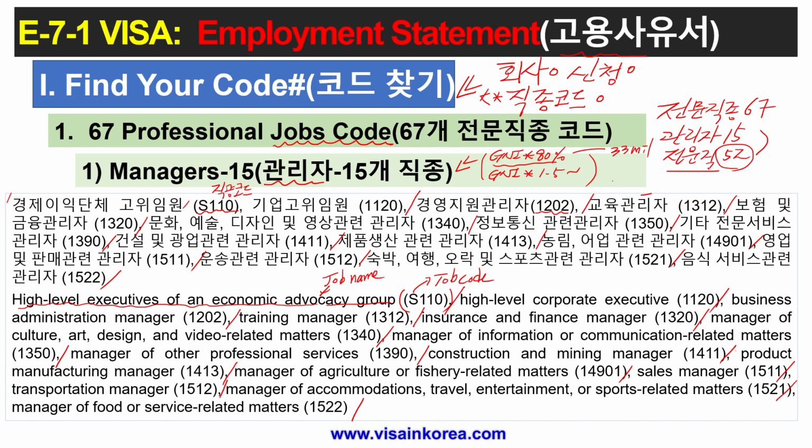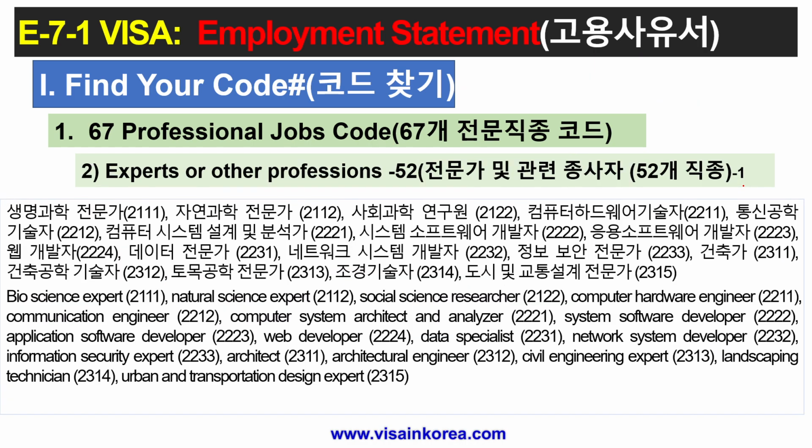When you apply for the manager position, there is no specific manual or guidelines based on my understanding. The manager's yearly income shall be over GNI 1.5, 60 million won at least. This is my idea, but it depends on the situation. But you must know that the manager position is a higher position than the professional job category. So you must consider that initially.